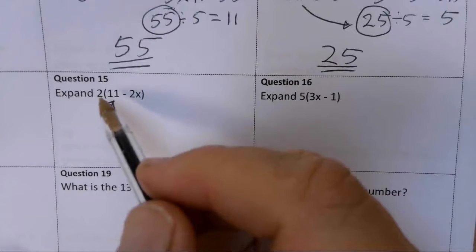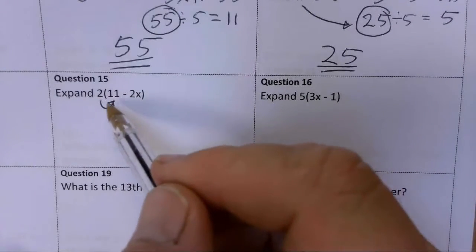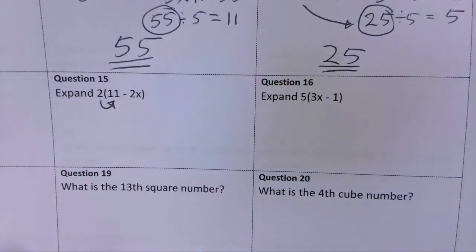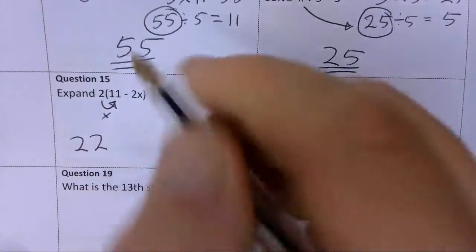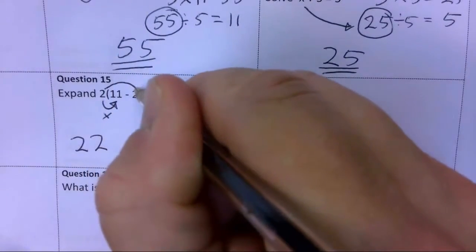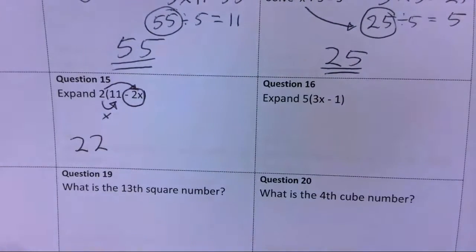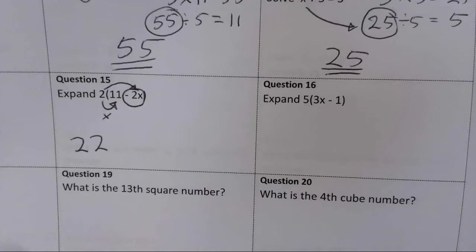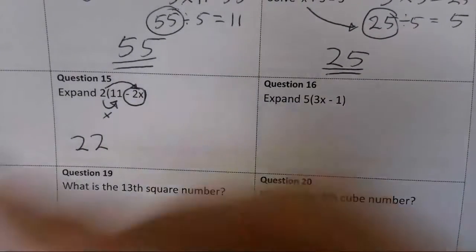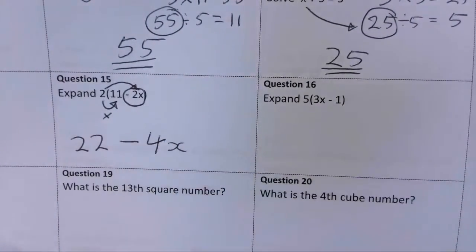When you have a number outside and then 2 terms inside, I'm going to multiply each one. So I get 2 times by 11, which gives me 22. I then get 2, and I have to times it by minus 2x. Now this is a difficult bit. So 2 times by minus 2 would be minus 4 on your negative numbers, but in this case it's going to be minus 4x, because it's like minus 2x.